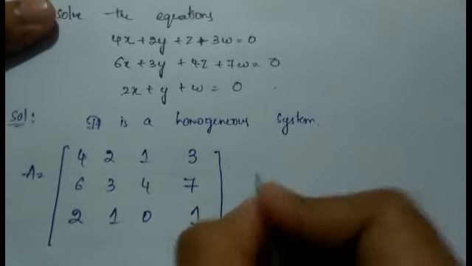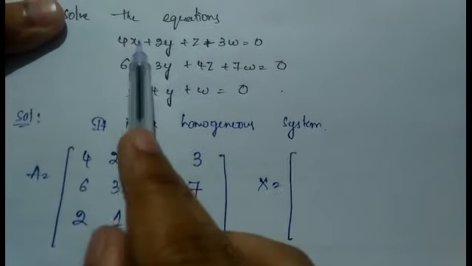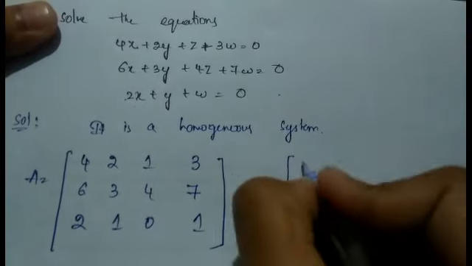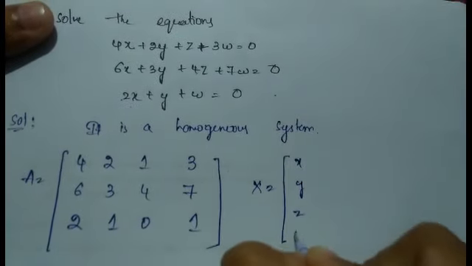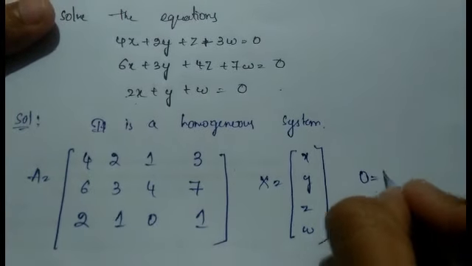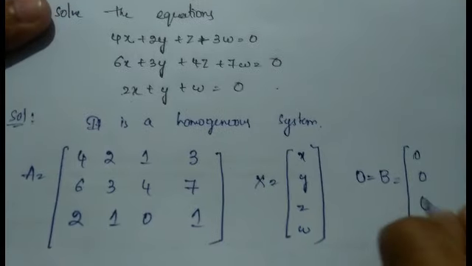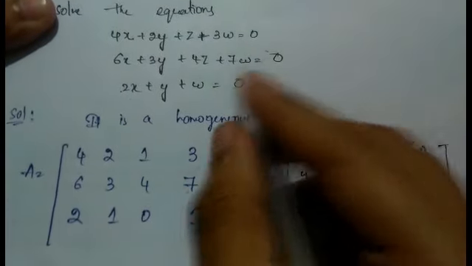This is the coefficient matrix, and the variable matrix is x, y, z and w, the 4 variables, and the constant matrix is 0 0 0, because there are only 3 equations.